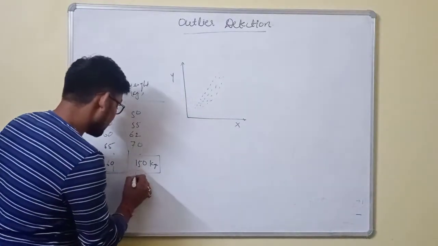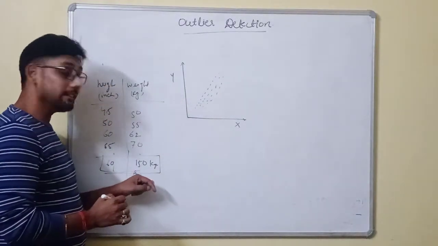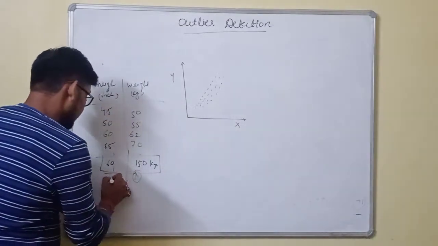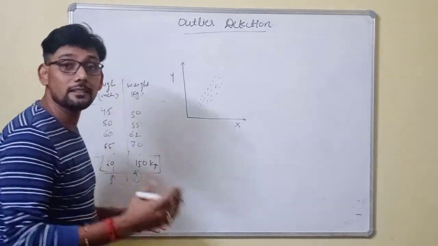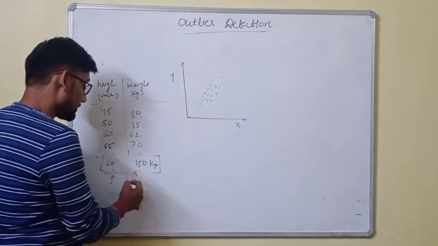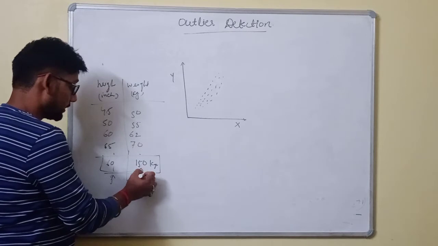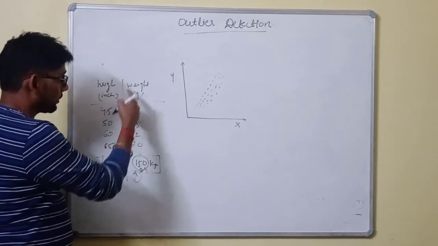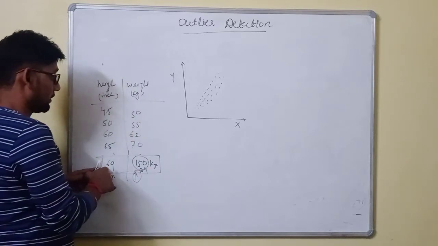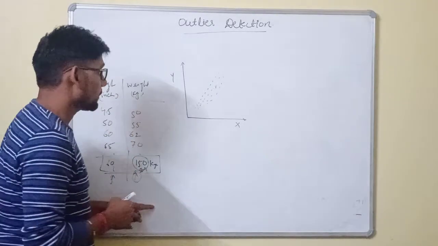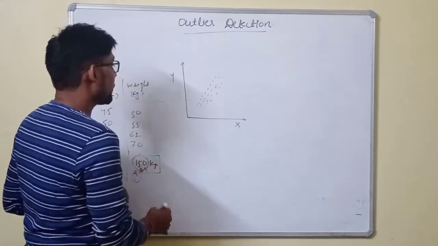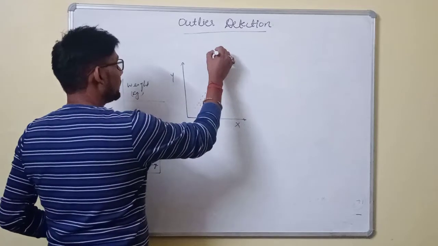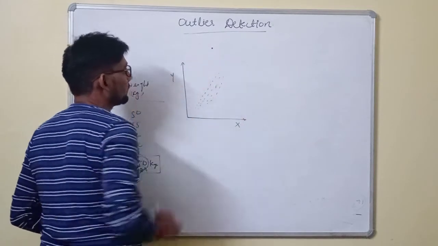It might be caused by human error, maybe some person just added this value in the Excel sheet or CSV file, and by mistake put a very high value in the weight column for a 60-inch person, right?